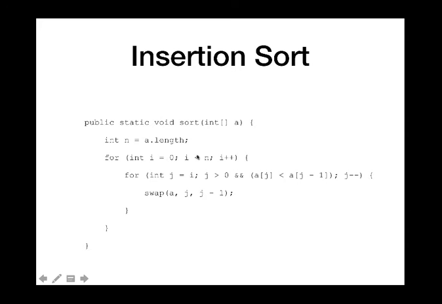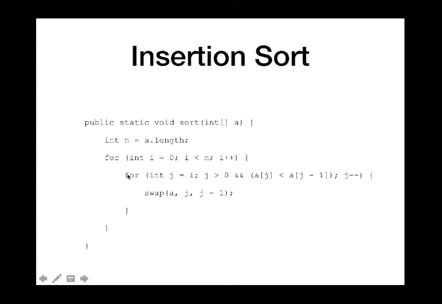Then I go over it n times on this outer loop, but I also have to do almost the same thing here in the inner loop, because after the first element, I need to compare that element with the previous one to check if it's less than the previous one, because I have to swap them in order to sort.